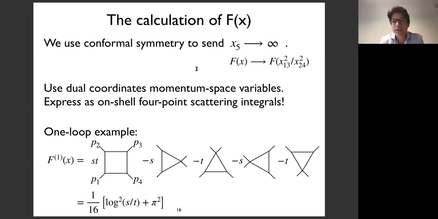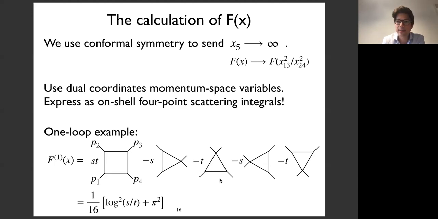In fact, one can then see that the integrals that we need look very much like momentum space 4-particle scattering amplitude integrals. So for example, the one loop value of f is then given by this linear combination of box and triangle integrals. And the experts already know that this particular combination is actually finite, can be computed in 4 dimensions, and this is the value one gets.